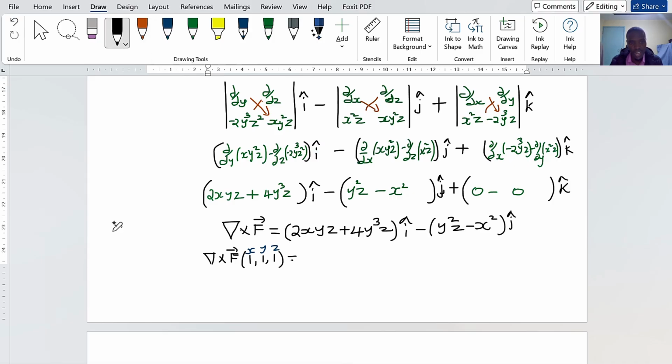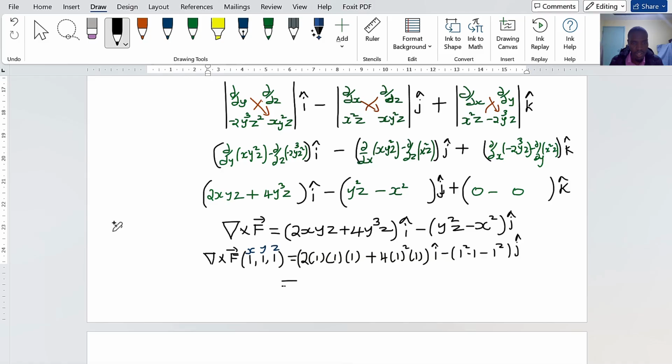So when you evaluate our curl, we are going to have 2 times 1 times 1 times 1, because all of them are 1, plus 4 times 1 cubed times 1. And remember, this one is all going to be i. Then minus into bracket 1 squared times 1 minus 1 squared, then all will be j.